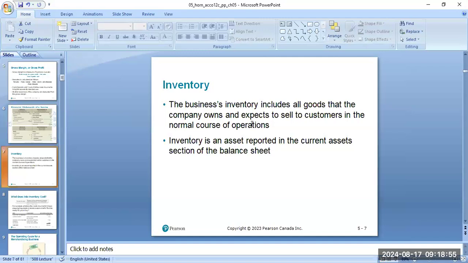Inventory. What's inventory? Business inventory includes all the goods that the company owns and expects to sell to customers. Obviously, once you open your business, you're not buying, let's say, I'm still going to go with these cups. You're not buying cups because you like cups. If you like cups so much, you're not going to open a business, you're going to open a hobby.